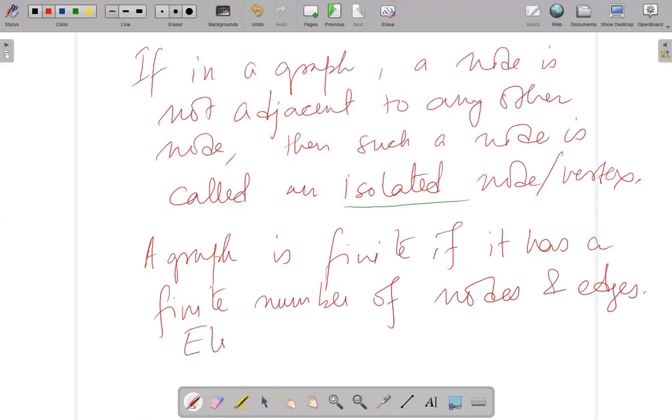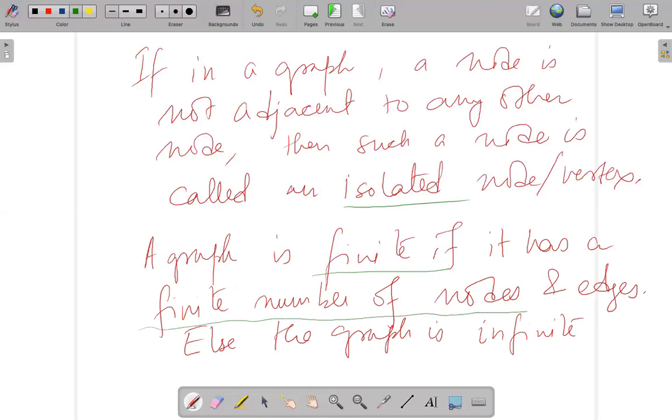Else the graph is infinite. So a finite graph will have a finite number of nodes and edges. Else such a graph which has an infinite number of nodes or edges is called an infinite graph.